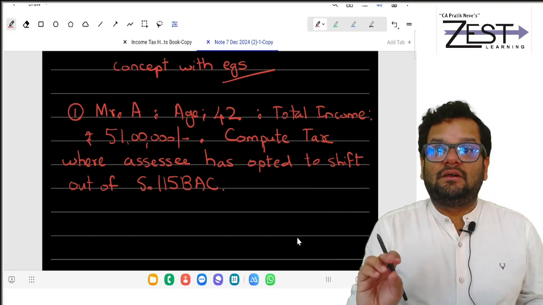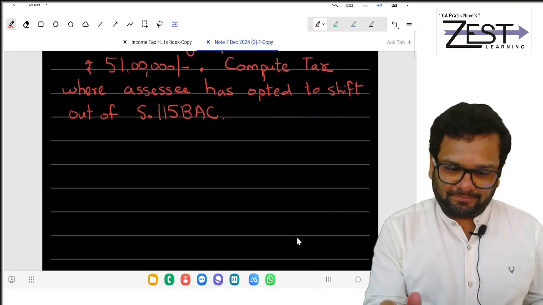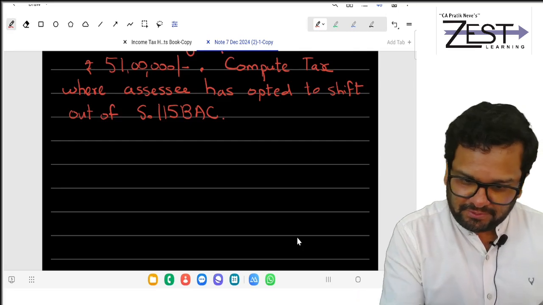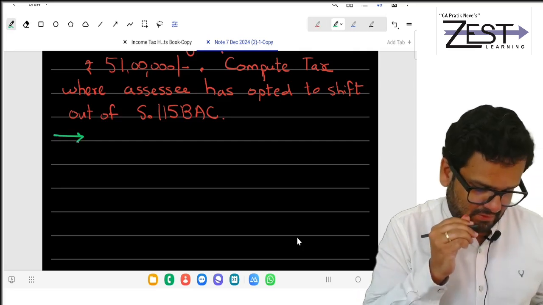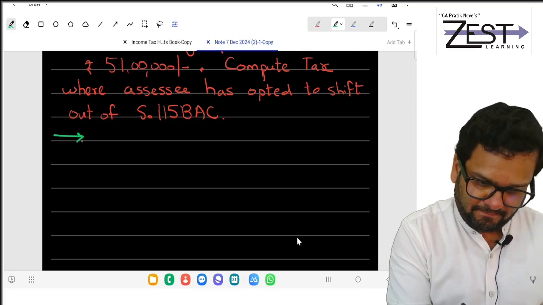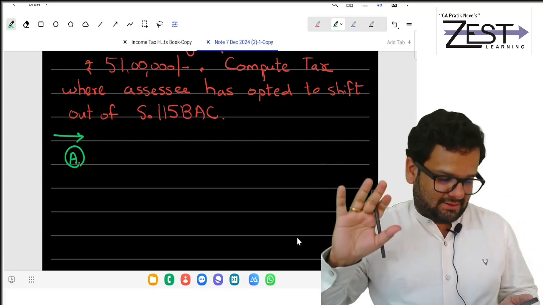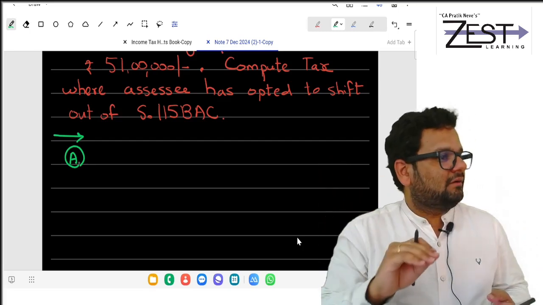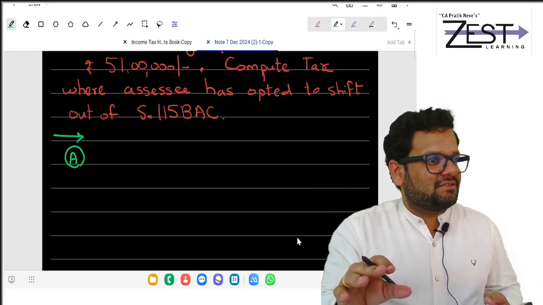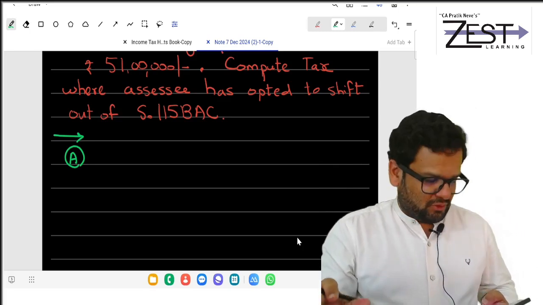Shall we start? See what steps you have to follow. First step, Step A. You will calculate tax on 51 lakhs, neglecting everything, neglecting marginal relief.